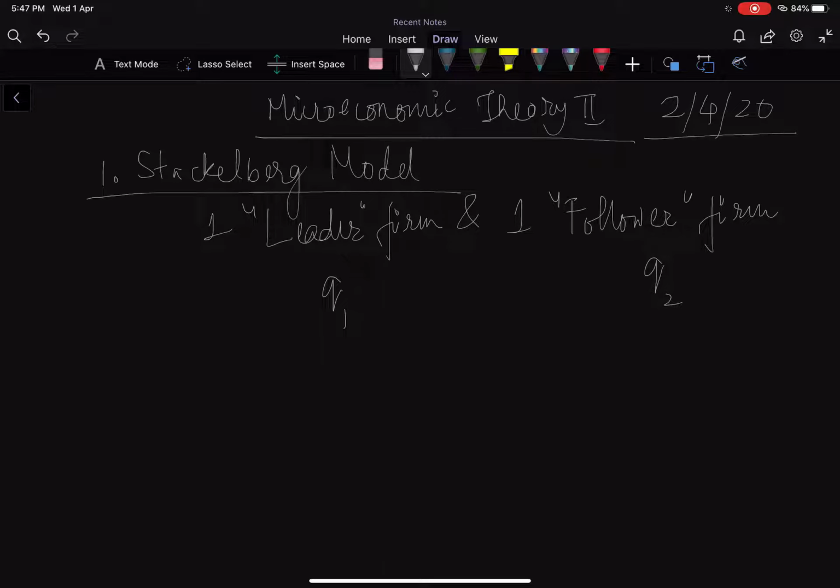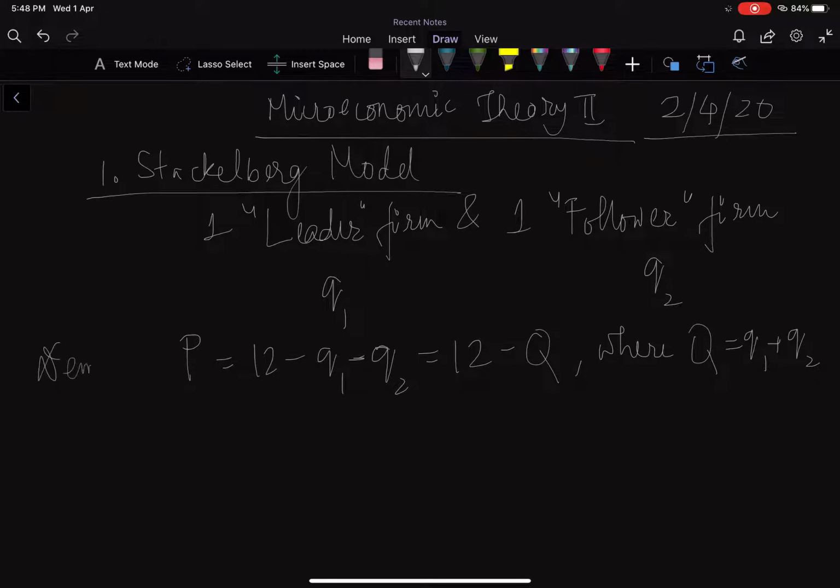Okay, and the price is given by 12 minus Q1 minus Q2, which is basically the same as saying it's 12 minus Q, where Q is the market level production or supply, where Q is Q1 plus Q2. Okay, so this is the demand function, right?